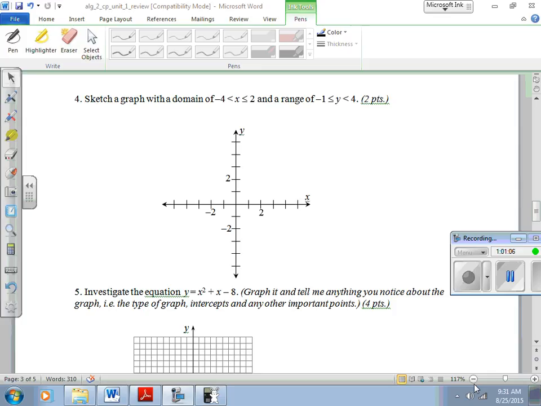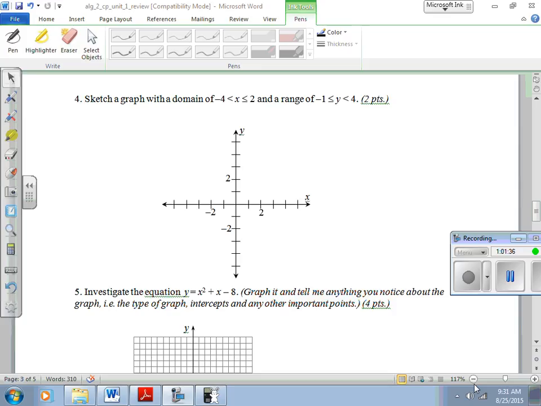Sketch a graph with a domain of -4 < x ≤ 2. Now, when you're reading that, the domain represents what axis? X. So do me a favor, everybody go to the x-axis and find -4.